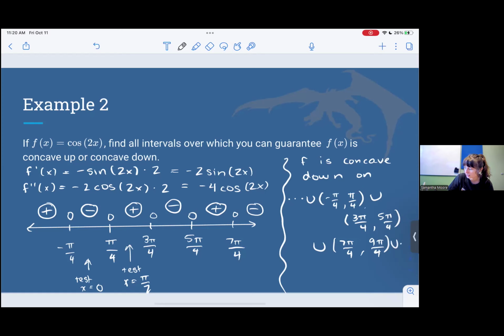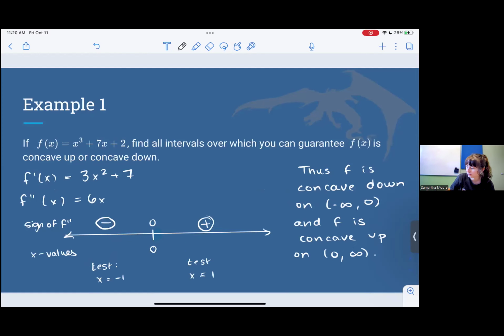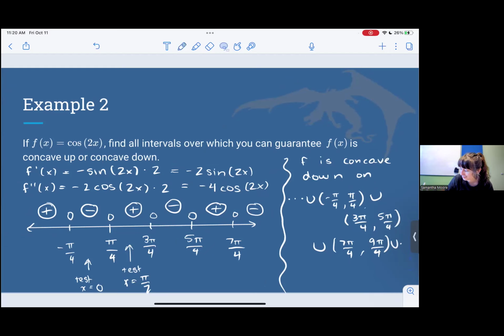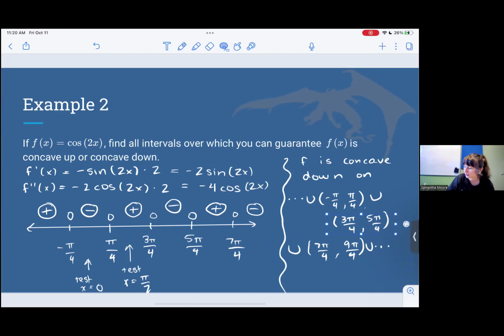And then union, and then this dot again, meaning continue this pattern on. So that is one thing that we get to conclude from our number line: in all of these regions, f is going to be concave down.